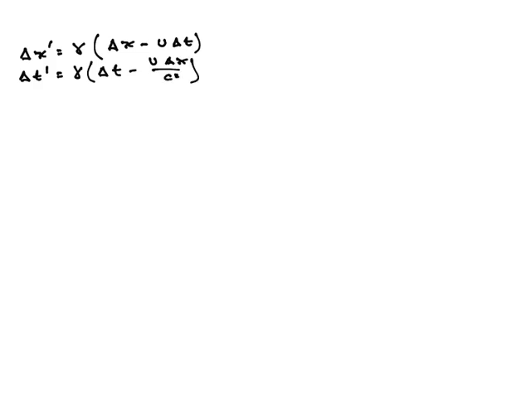So now I want to divide the first by the second. So I'll get delta x prime over delta t prime equals, and now on the right I divide, the gammas will cancel out, and I have delta x minus u delta t over delta t minus u over c squared delta x.